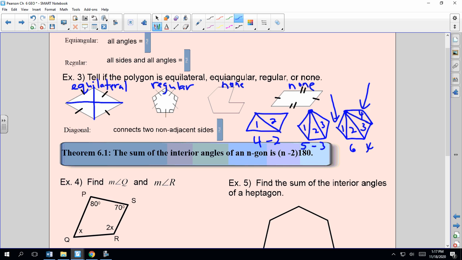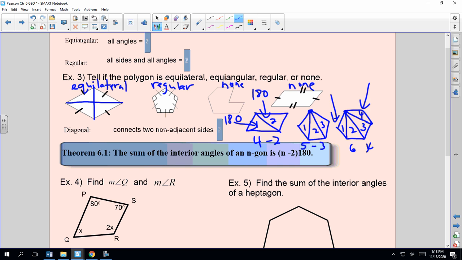So you should be noticing that the number of triangles in each polygon is 2 less than the number of sides. That's true for any size polygon. So with that knowledge, combined with the fact that all 3 angles in any triangle add up to 180, you can find the sum of the measures of the interior angles of any n-gon.